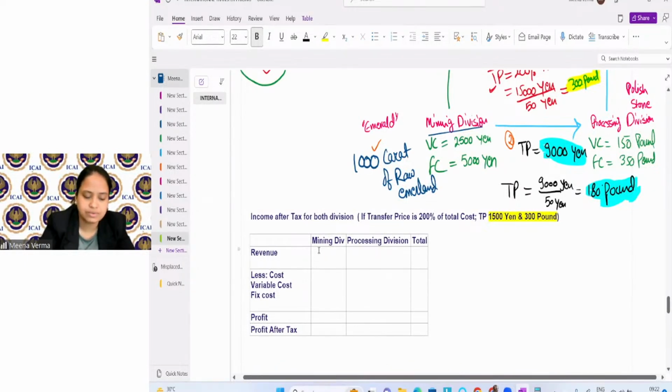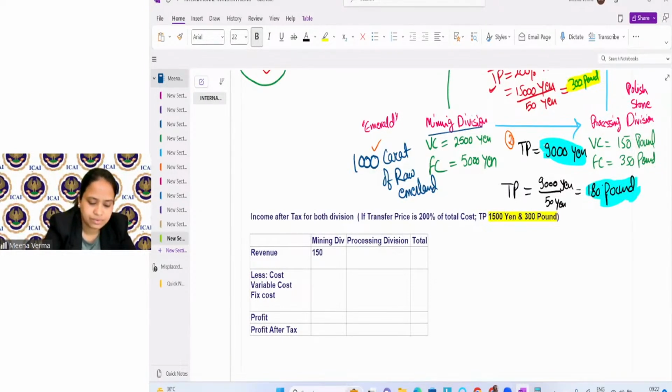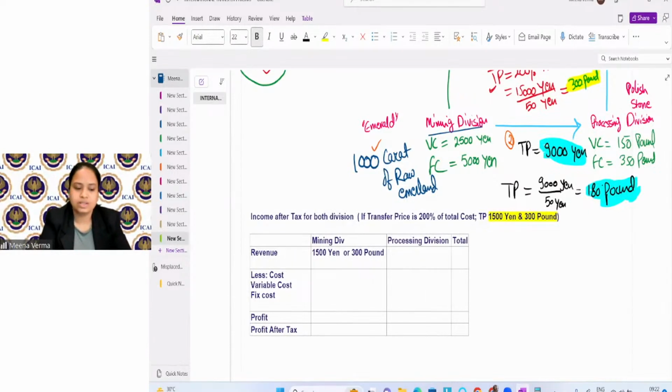All right. So the revenue here is 1,500 yen over 300 pound. This is the revenue of the mining division.